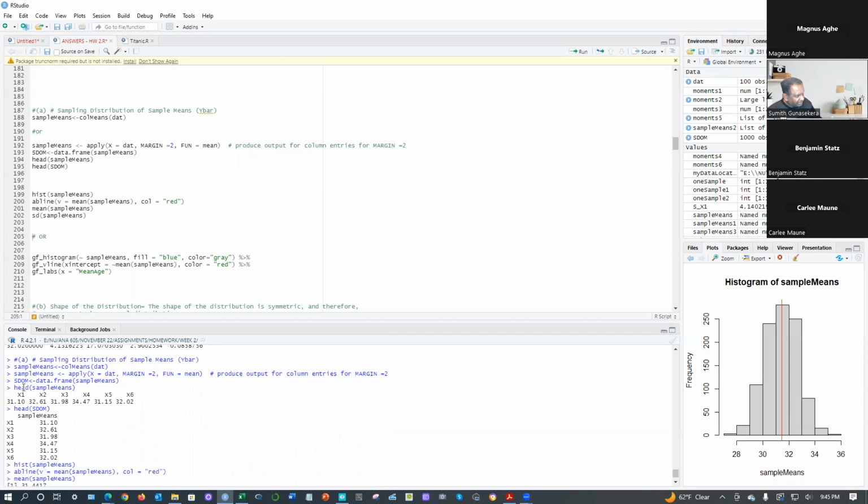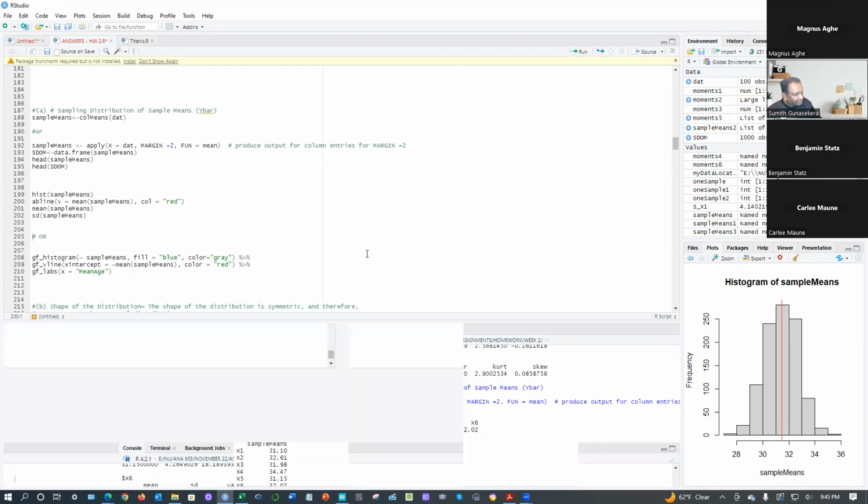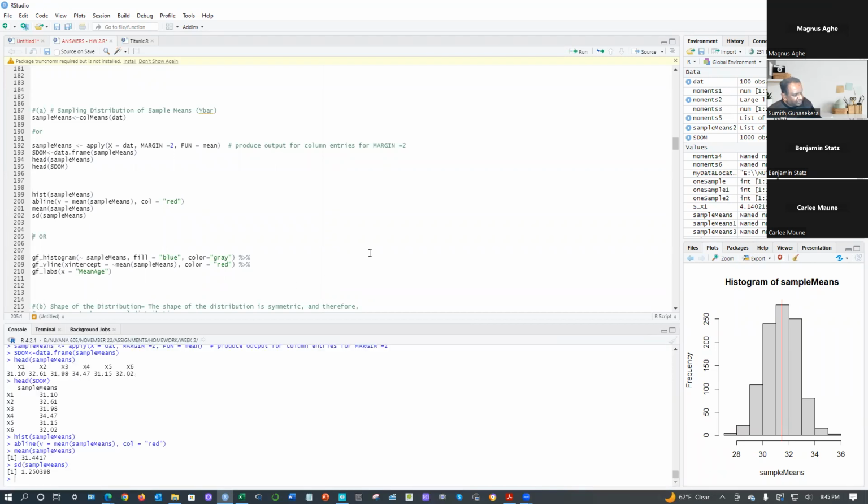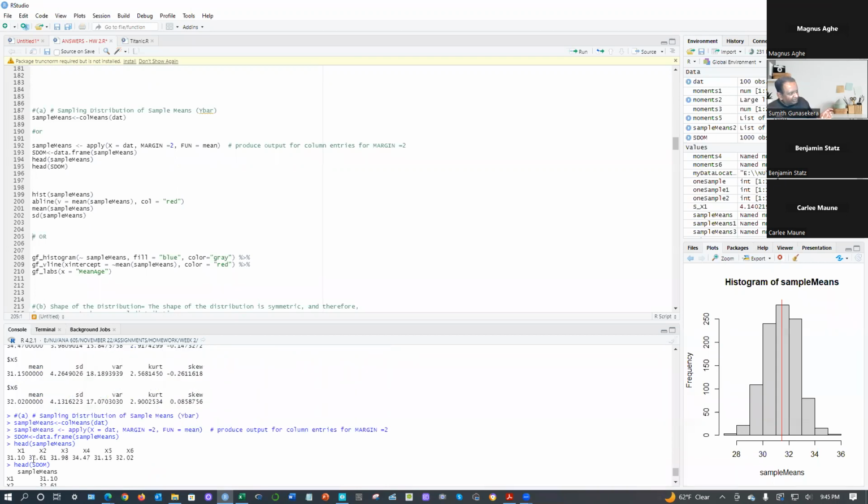Here we have 31.44, which we got by R. By theory, this mean should be the same as the population mean, approximately 31.